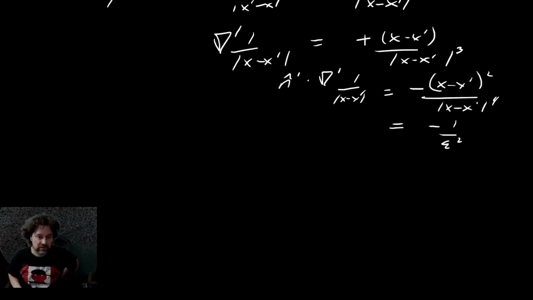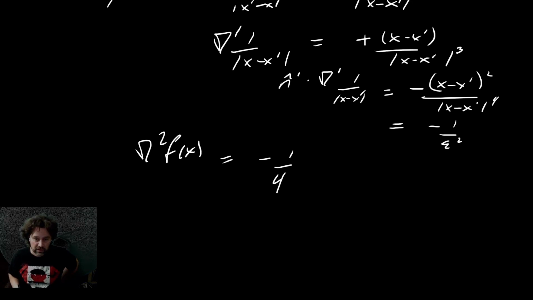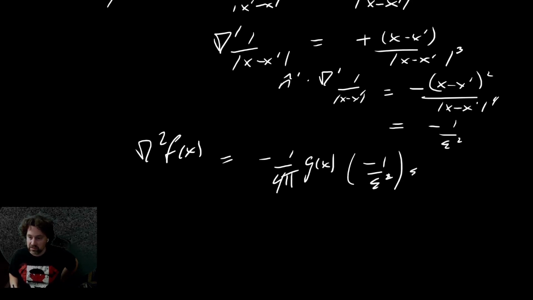Nice. We've got del squared f of x equals minus g of x over 4 pi times minus 1 over epsilon squared times epsilon squared times 4 pi. 4 pi epsilon squared is the total area.